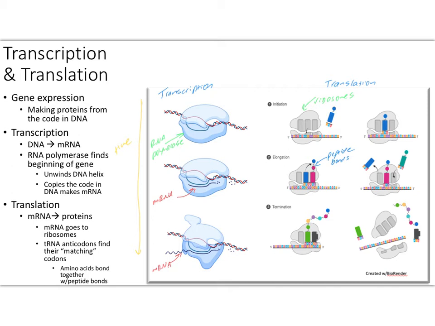Termination occurs when there is a codon in mRNA that has no corresponding anticodon in tRNA. So at the end of every mRNA strand, there's basically a codon that has no match to an anticodon on tRNA.